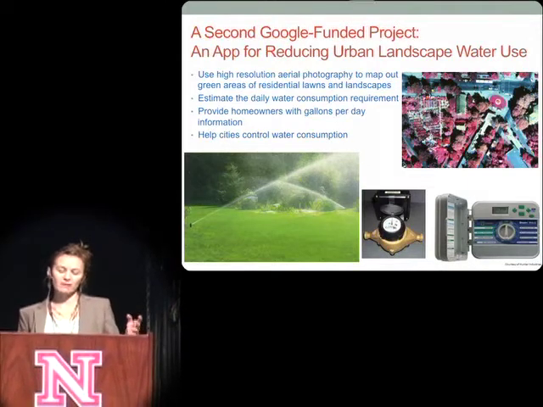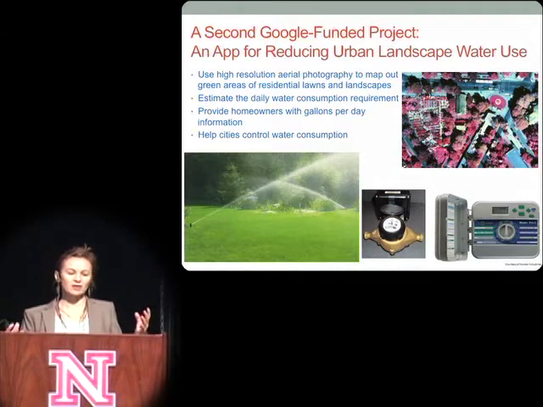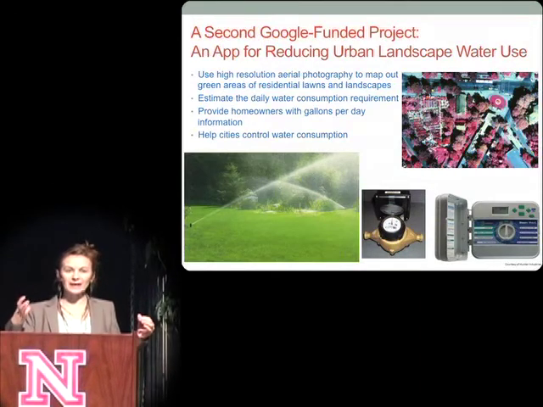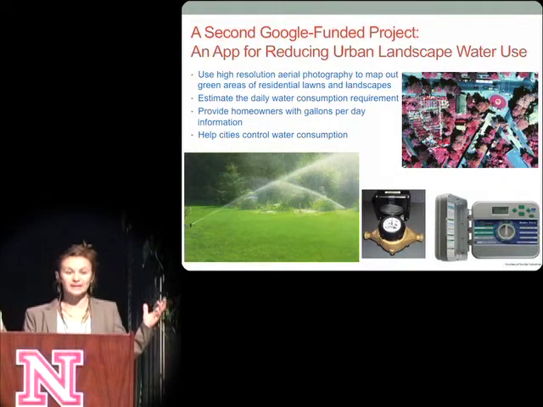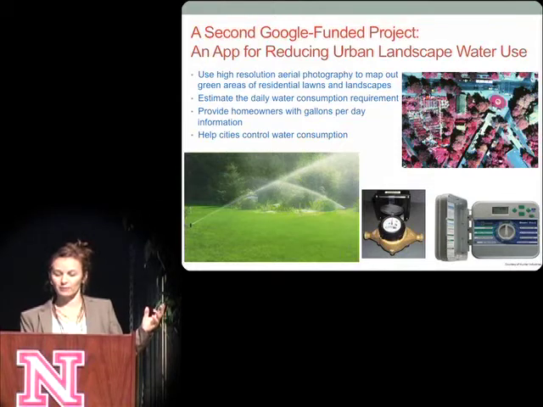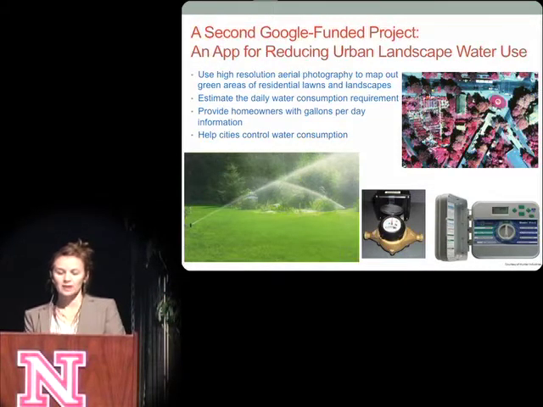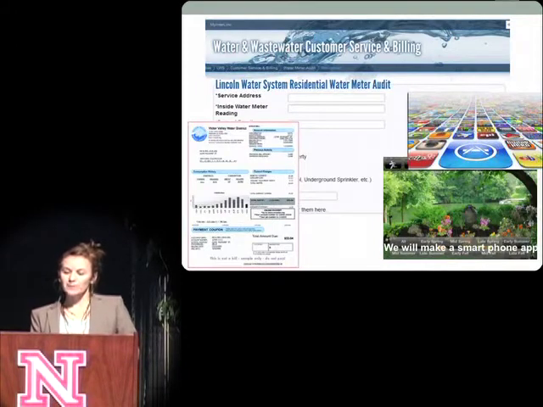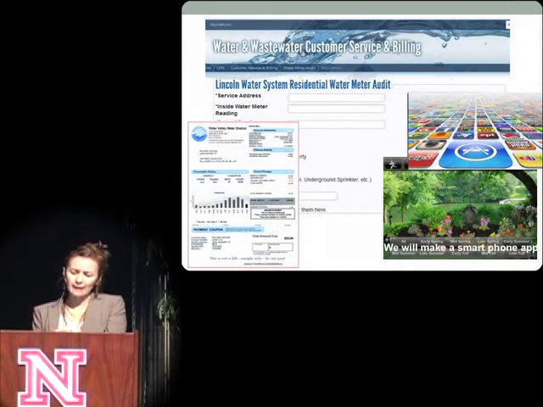So this is how it originated, really helping the homeowners apply the amount that is needed to keep the lawn green. And we're going to be utilizing a lot of things that we developed, like those reference ET maps from the previous project. Again, eventually this will be an app that you can run.